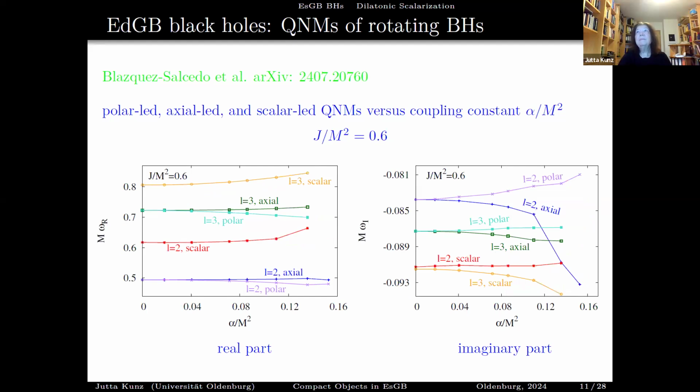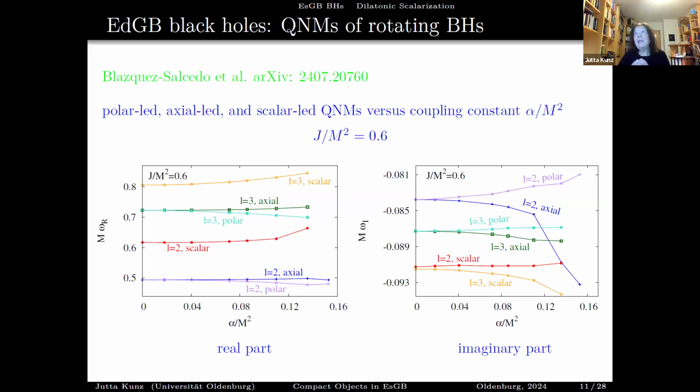So in principle, if one would be able to obtain the quasi-normal mode spectrum now already from the gravitational wave observations, then one might get some bounds, but currently this is not yet accurate enough.